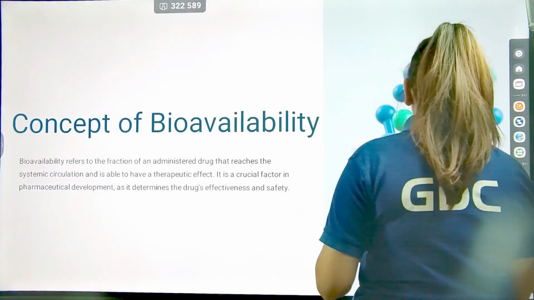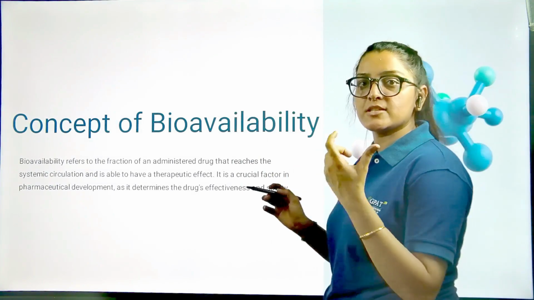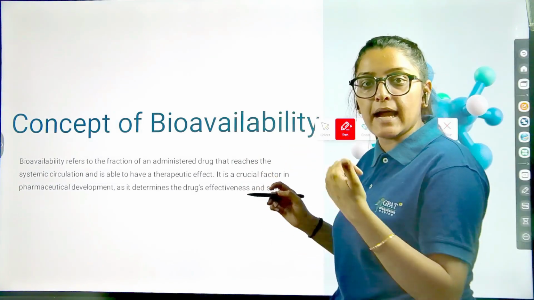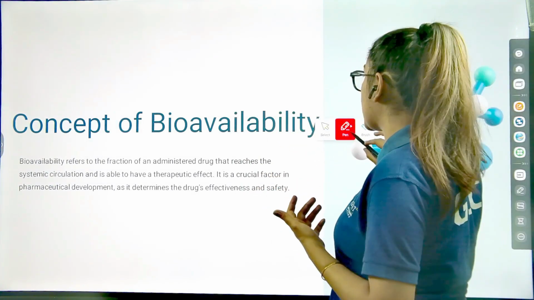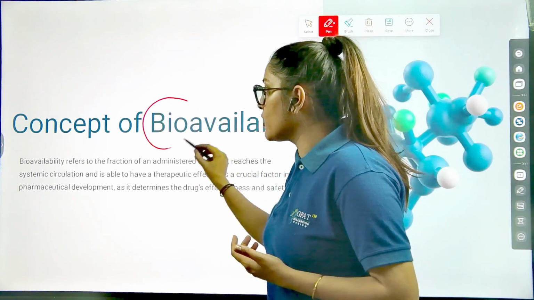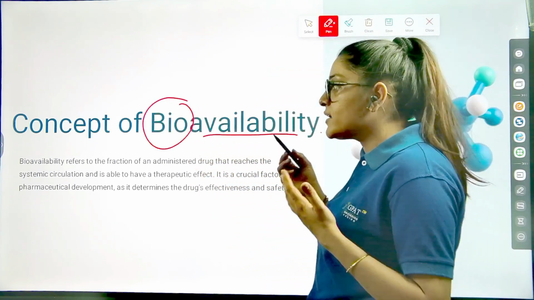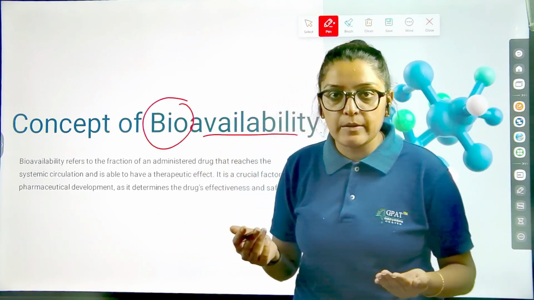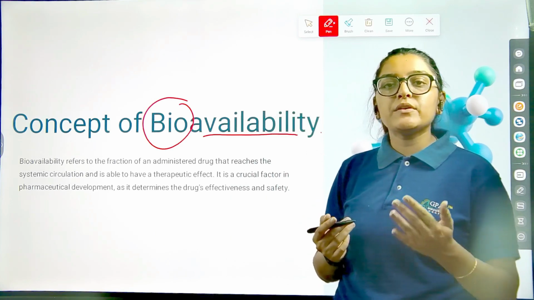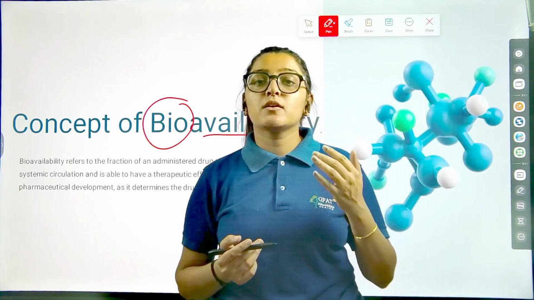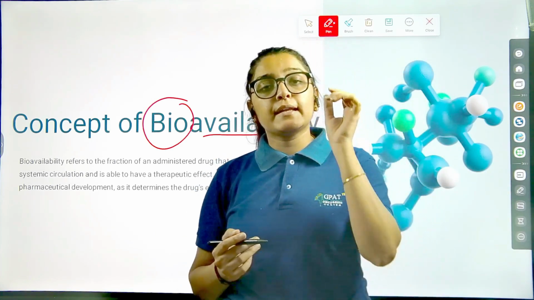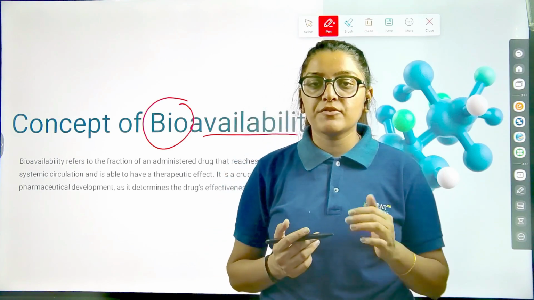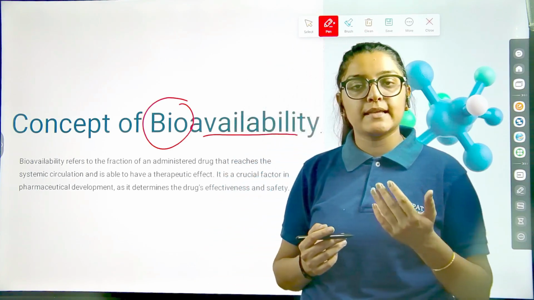So bioavailability, as the name suggests, bioavailable, that is how much fraction is actually available. So why are we saying how much fraction is available? As we know, whatever we administer orally has to pass through the liver, which is the primary metabolizing organ.